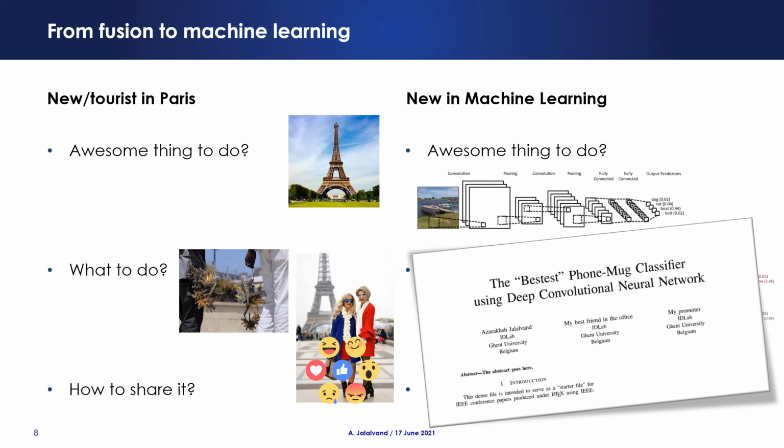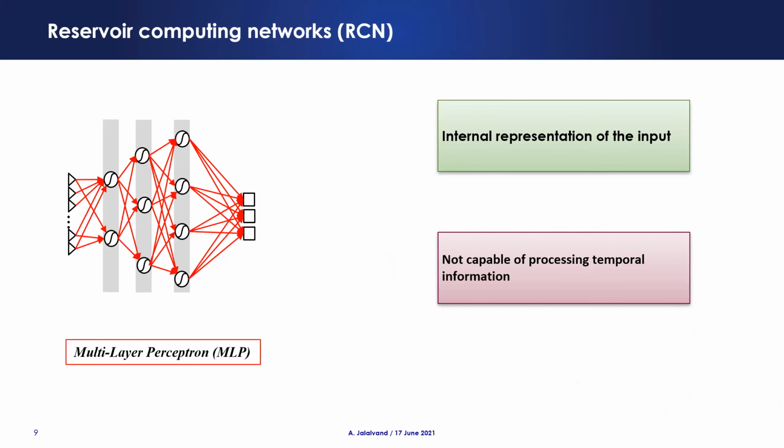If you really want to learn how it works and how to use it for your data, you should dig into that. You should know all these alternatives that could work even better than deep learning, depending on the task that you have. And this is actually the main part of my presentation today, to give you a hint about one of these hidden corners in machine learning, which is called reservoir computing networks.